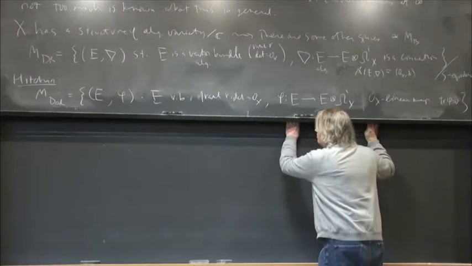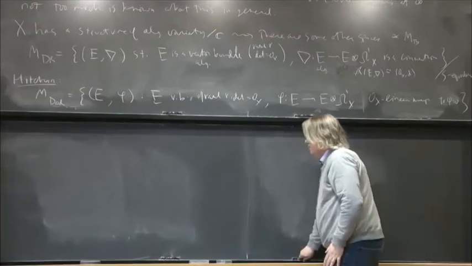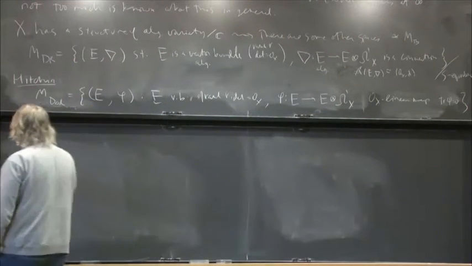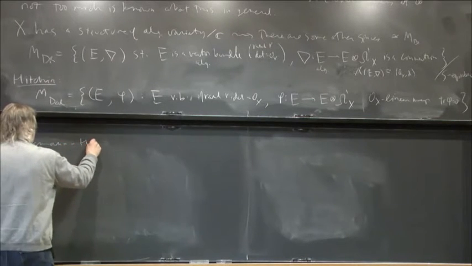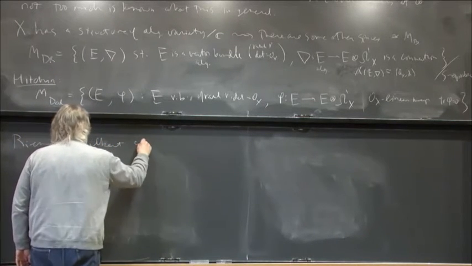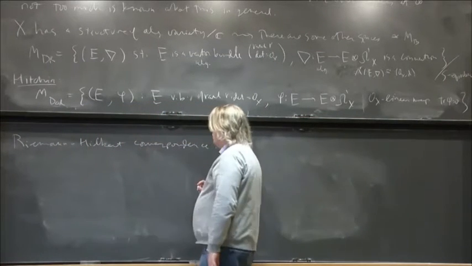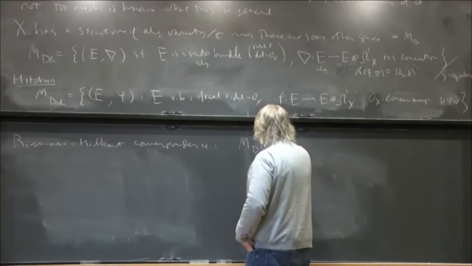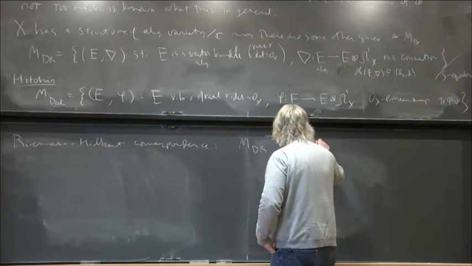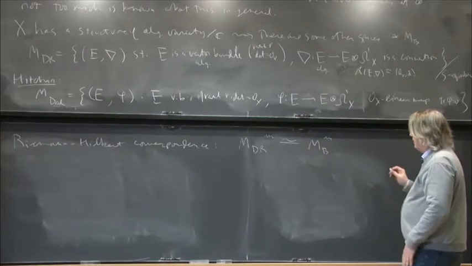Now, the Riemann-Hilbert correspondence tells us that we have an isomorphism of complex analytic spaces.